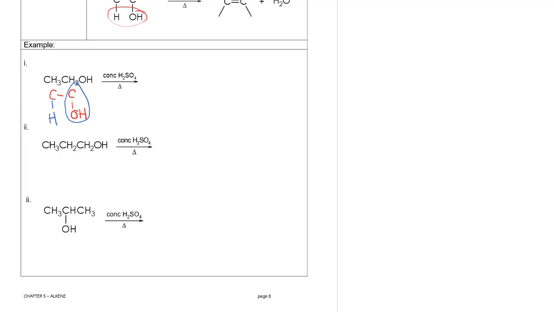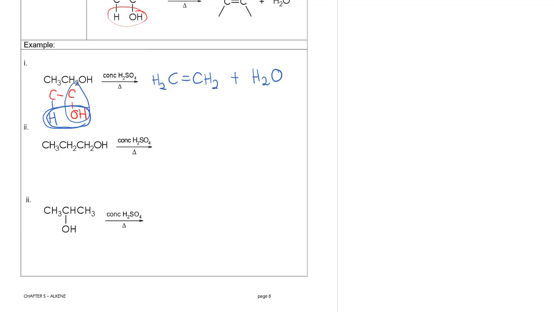We are removing OH and the hydrogen adjacent to each other, next to each other. We will produce alkene and water as byproduct. So only one product, only one alkene.